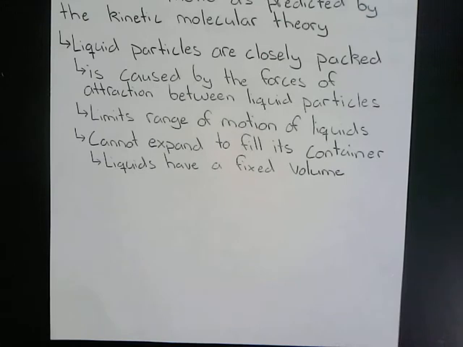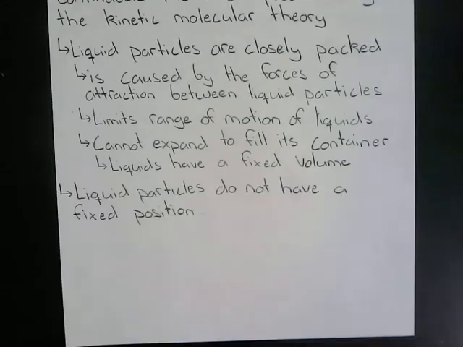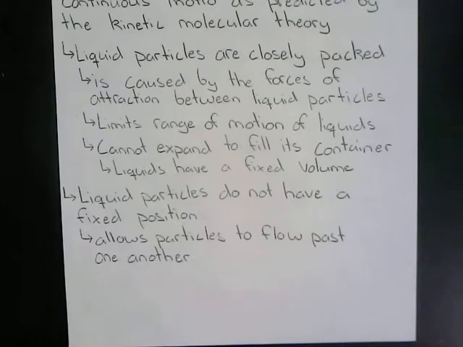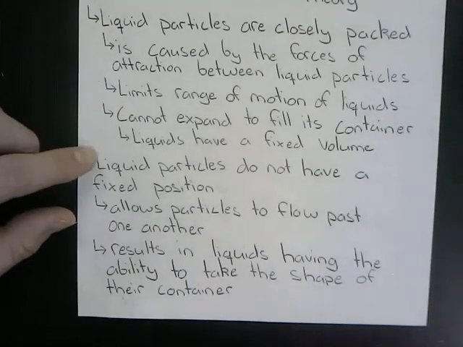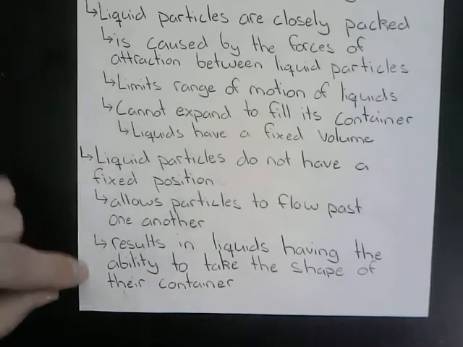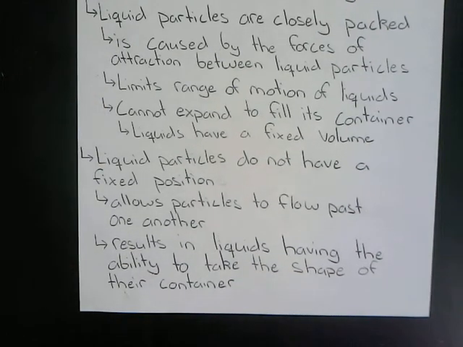And since they don't have a fixed position, it's going to allow liquid particles to flow past one another. As a result, liquids are going to take the shape of their container. So even though liquids have a fixed volume, they do not have a fixed shape.